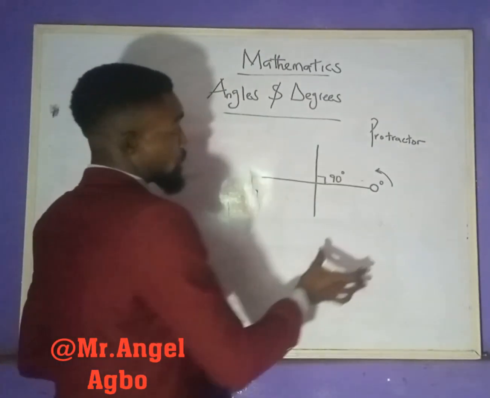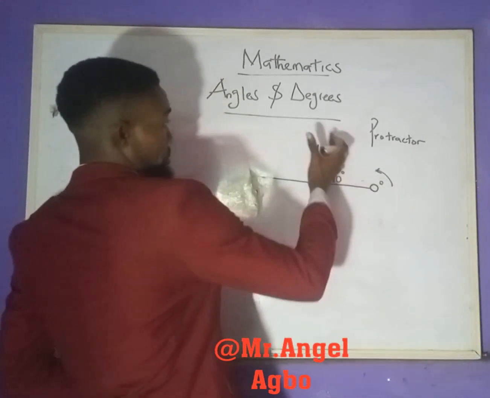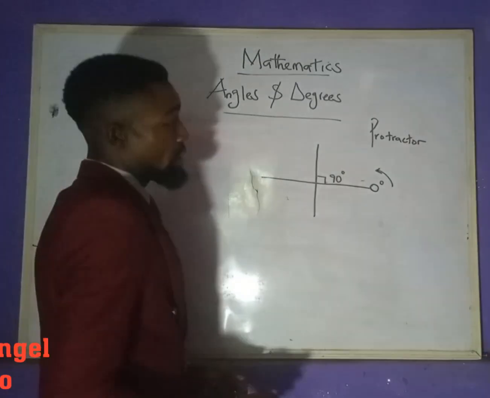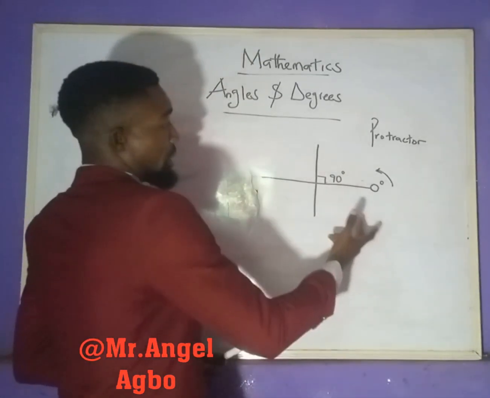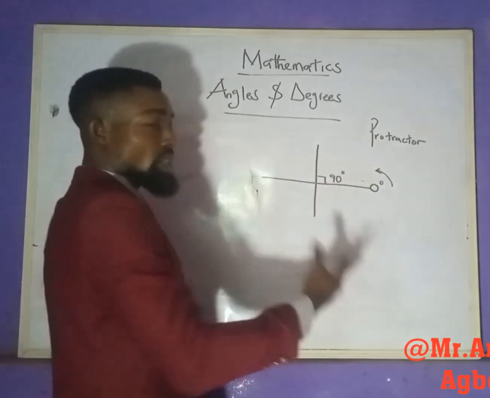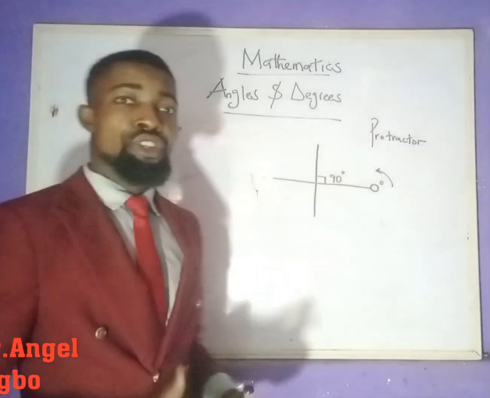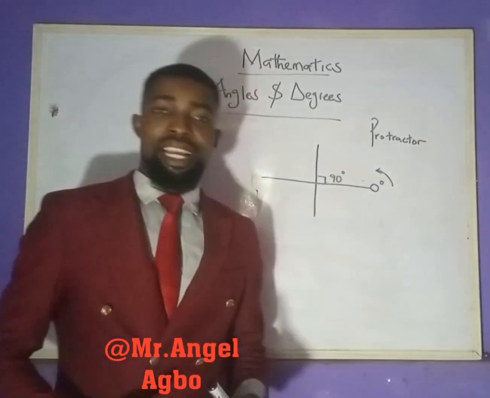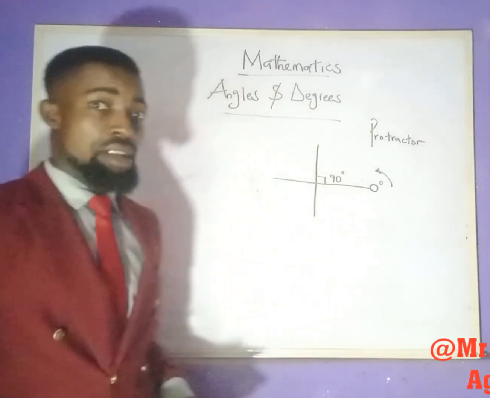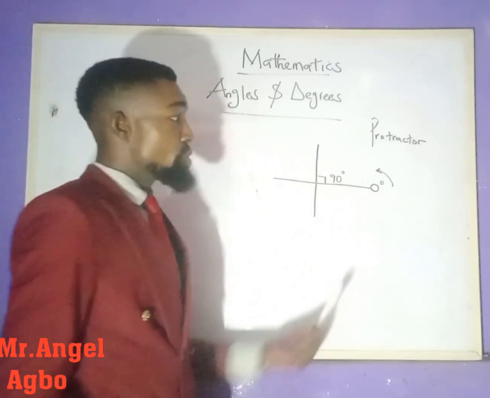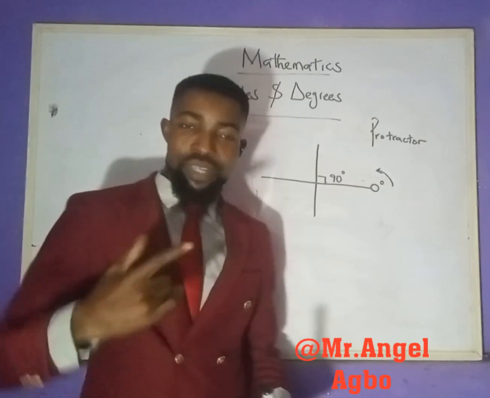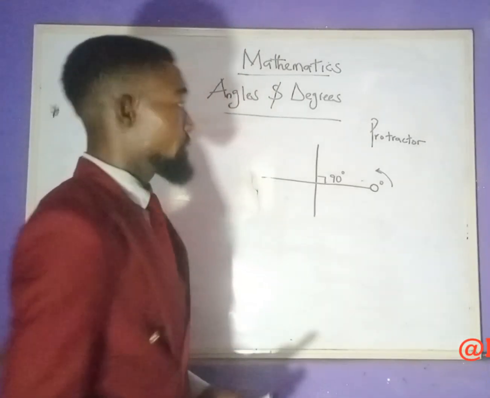Now, when you move your protractor and take the measurement from right to the left, from zero, you'll be getting different angles. But here we're going to use 90 degrees and 180 degrees as basic for other angles, because by the time you can get these two, you can also use them to get the other angles.